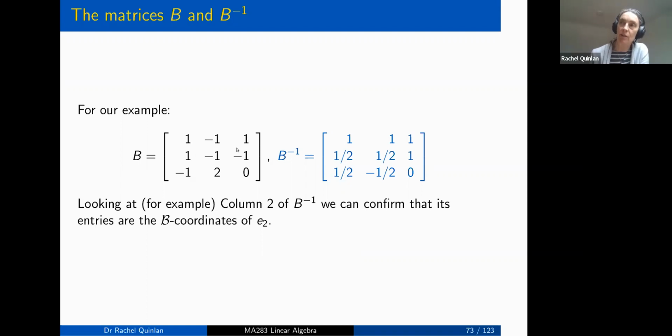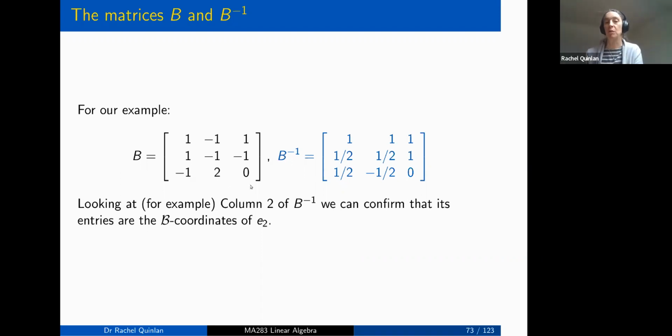If we take the element in the second position, we've got 1 times 1 minus a half, so we get 0, which we expect. And in the third position, we've got 1 times minus 1, that's minus 1, plus a half times 2, that's minus 1 plus 1, which is 0, plus 0 times a half.